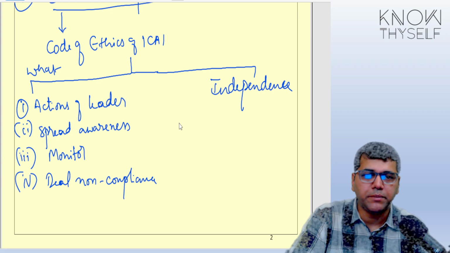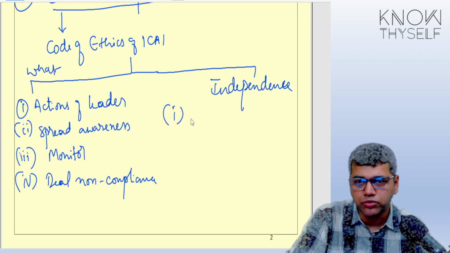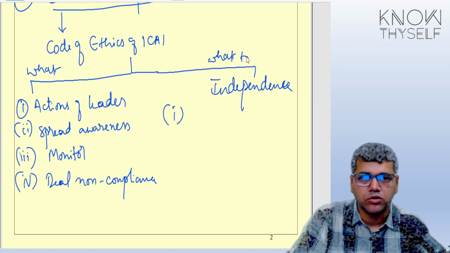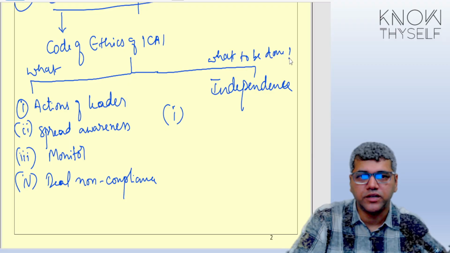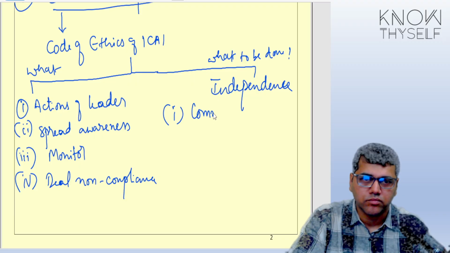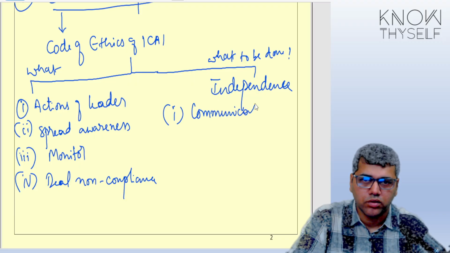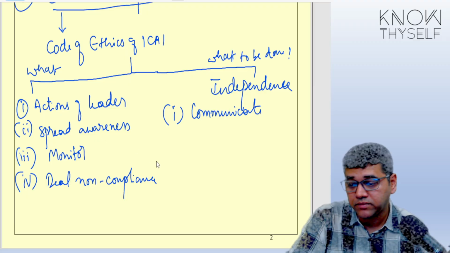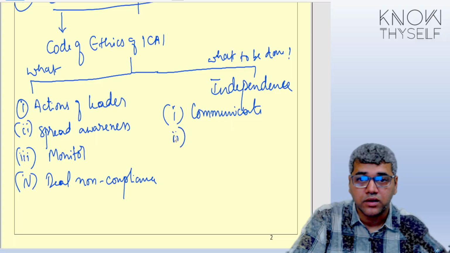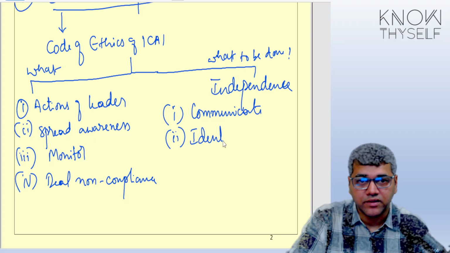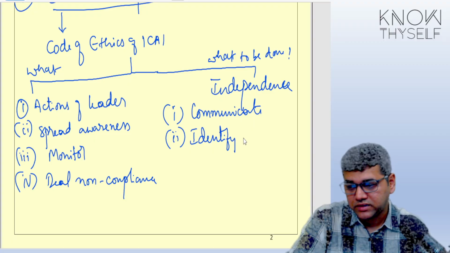Okay, now what about the independence? What should be done? One, communicate. Just like you are bringing spread awareness, you communicate what is the independence requirement. Second, identify threats.